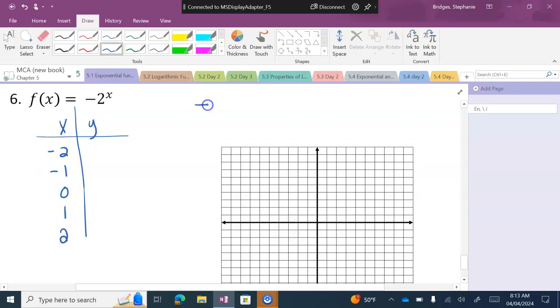So because that negative is not in parentheses with that 2 and then the x on the outside, that negative is basically going to be like a -1 there. And then we're going to raise 2 to whatever power we need. So in this case, every one of my answers is going to be negative.